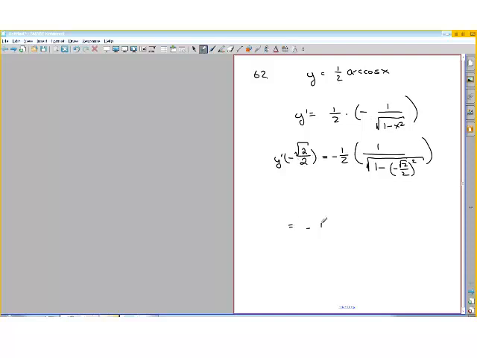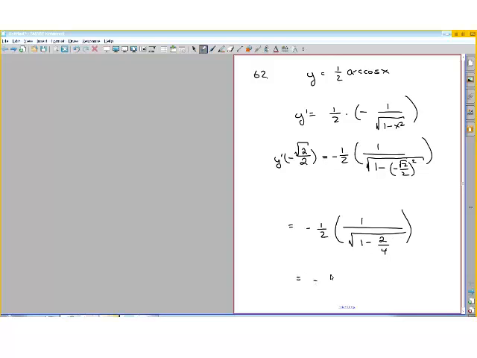Since this is negative, when you square it, it becomes positive. When we square it, we get 2 in the numerator and 4 in the denominator. The square root of 2 squared is 2, and 2 squared is 4, so that's a half.